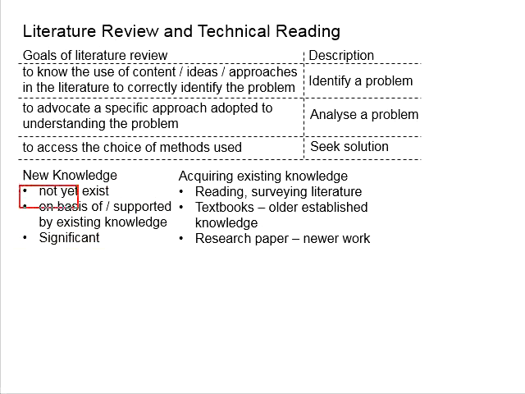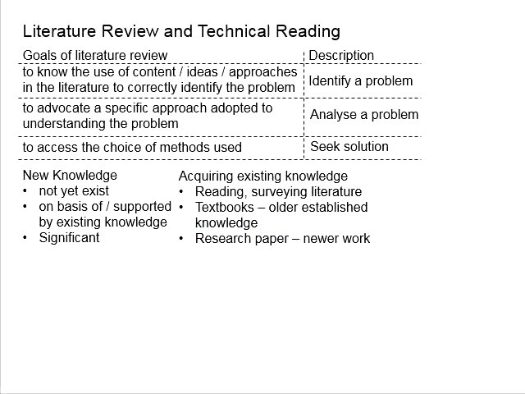You need all these three components for the new knowledge that you are exploring to be of interest to the research community. And these are the sources where you can acquire the existing knowledge, which include reading and surveying the literature, studying the textbook, as well as reading the research paper.